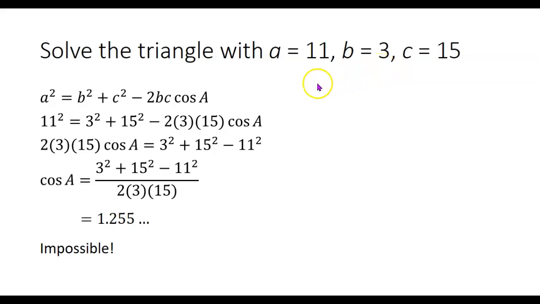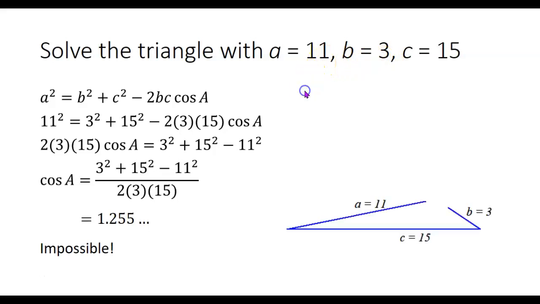And actually, I could have predicted that because a and b together only add up to 14, whereas c is 15. So if one side of the triangle is 15 units long, the other two sides together would have to add up to more than that. They can't be less than 15 because the shortest distance between two points is a straight line.